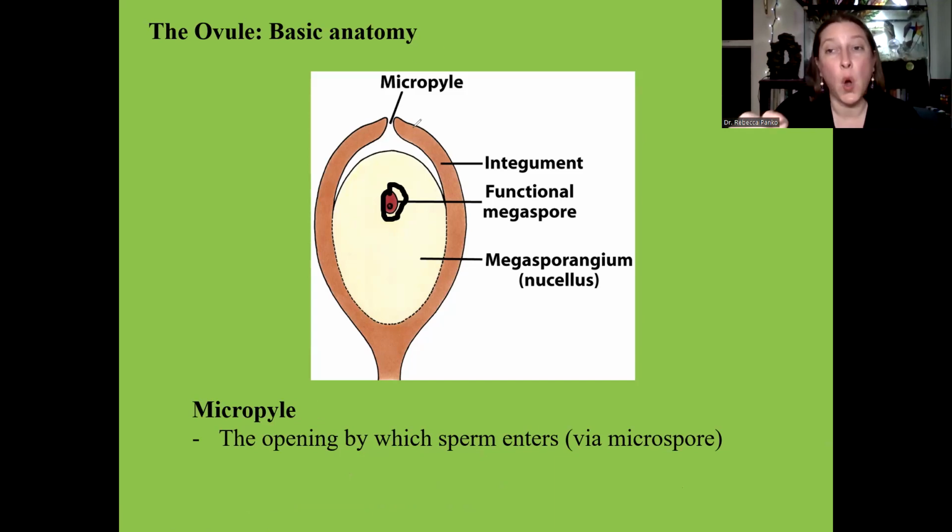And so there's a hole at the top of the ovule called the micropyle, and that is the hole that allows sperm to enter and ultimately fertilize the egg once the egg is there. Right now in this picture, there is no egg, right? Because the megaspore hasn't grown into a gametophyte plant yet.